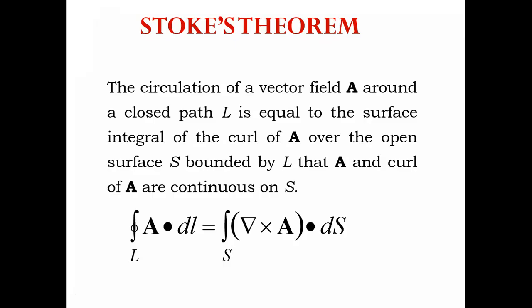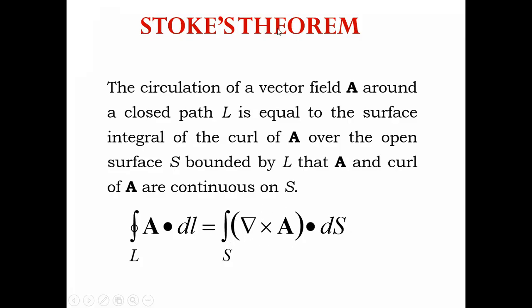Stokes theorem. See, it says that the closed integral of A dot dl, this is a line integral over a closed path, left hand side. If A is a vector, then this line integral over a closed path is equal to the surface integral, not of the vector, rather of the curl of the vector.